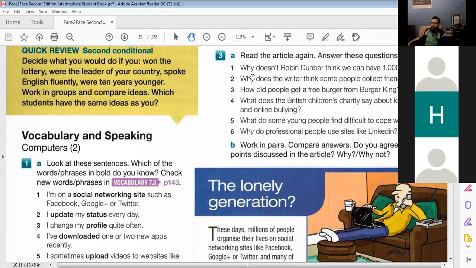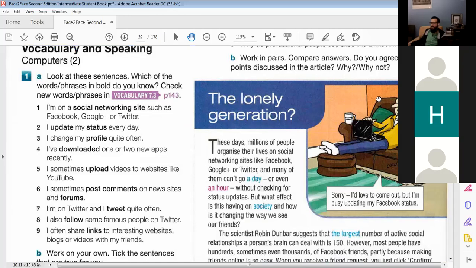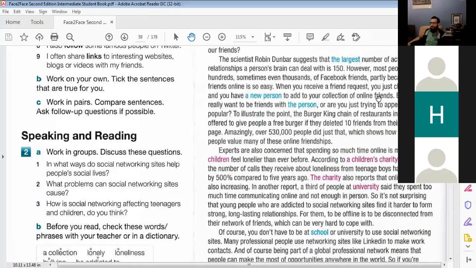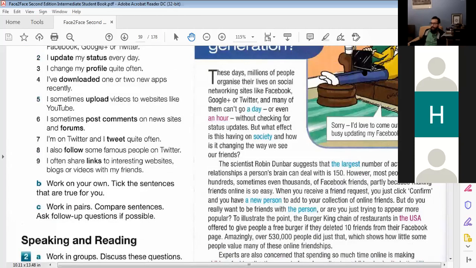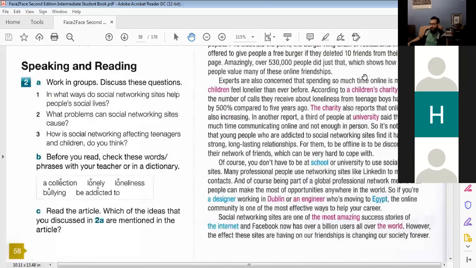Okay, second question. Why does the writer think some people collect friends? Maybe he thinks they feel lonely. Good point. Maybe some people collect friends because they feel lonely. And maybe online friends are easy to make. True. Correct. Because making online friends is easier than making real friends.